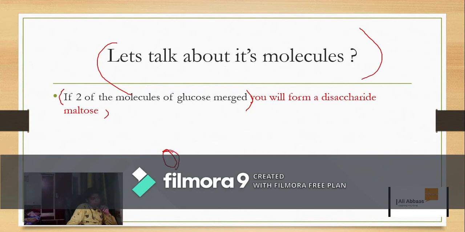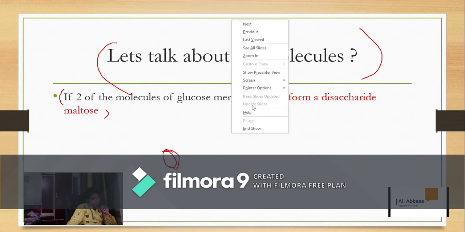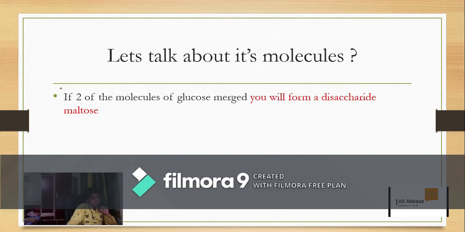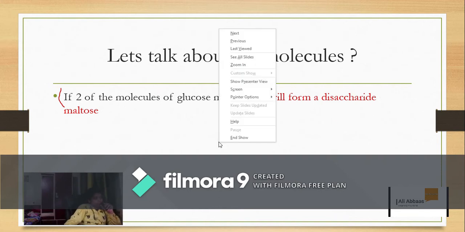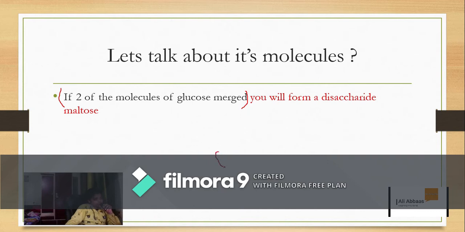Let's first think about this line, then after that we will think about that. So this is one molecule of glucose, and it is bonded to another molecule of glucose. They both are bonded, and they both are glucose. Then what will happen? Let's see.